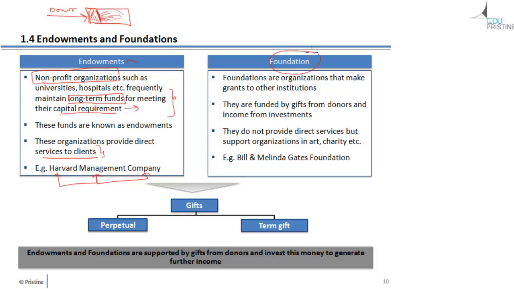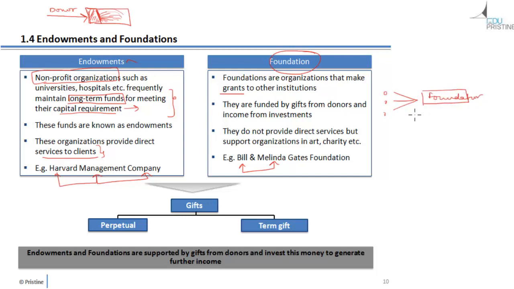On the other hand, foundations are the organizations that make grants to other institutions. A famous example of that is the Bill and Melinda Gates Foundation, which is from the promoters of Microsoft. Now what is happening is, there is, let's say, an investor who has a lot of money, so he has created a foundation.